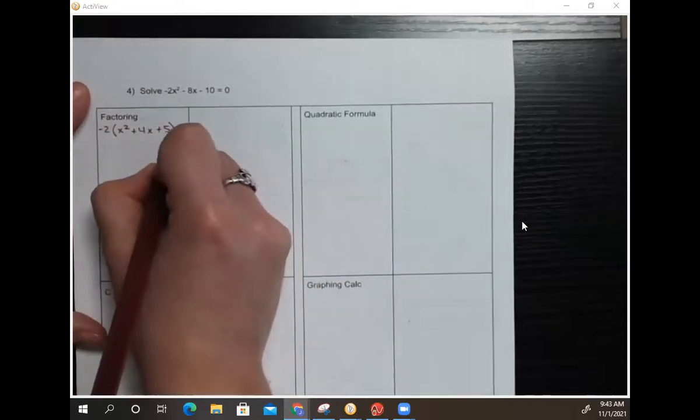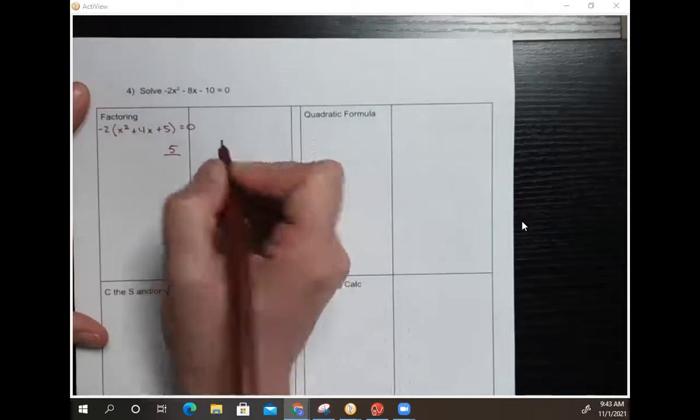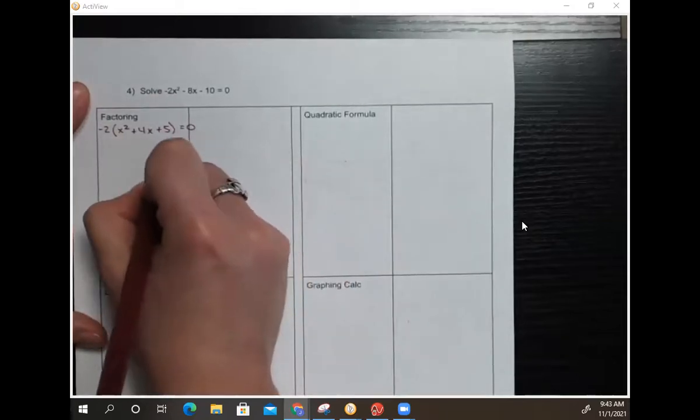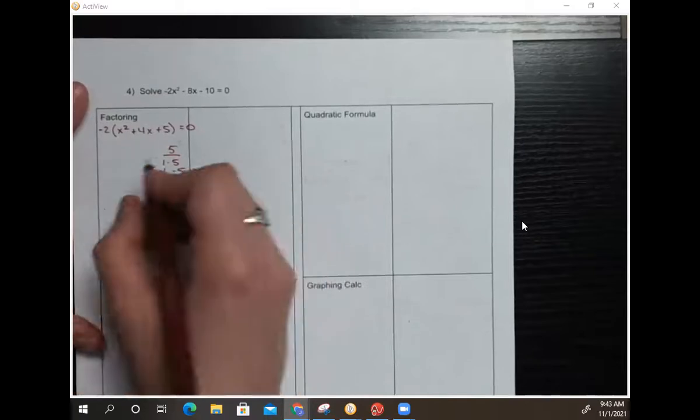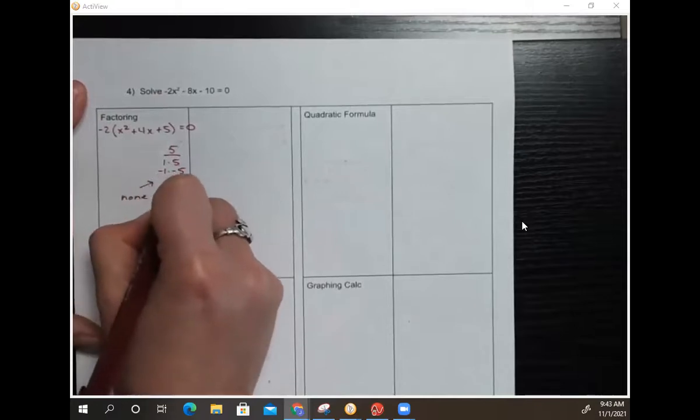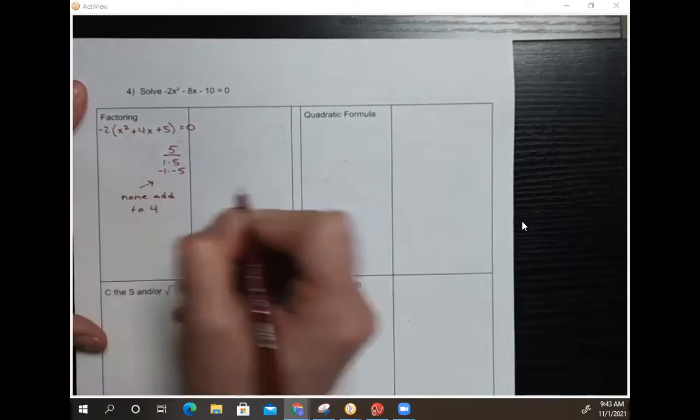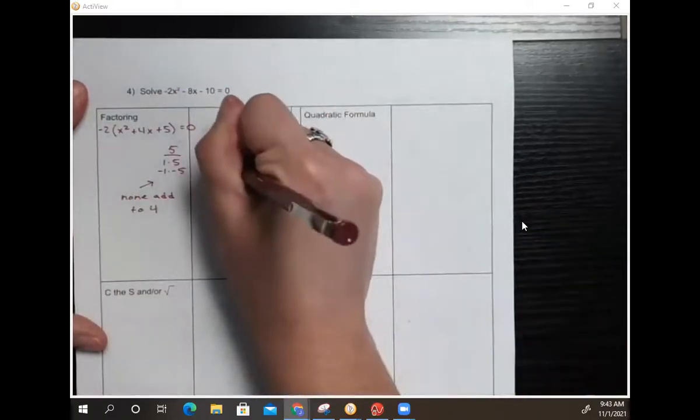Then I would want factors of 5 that add to 4. 5 is 1 times 5 or negative 1 times negative 5. Which of those is going to give me 4? None of them, right? So this one is not factorable.